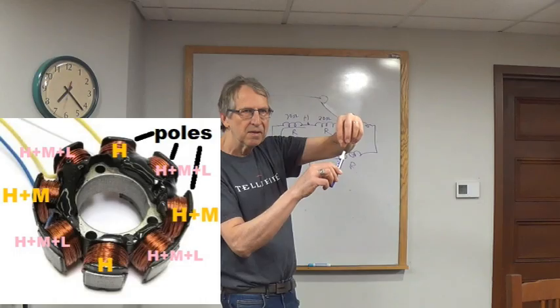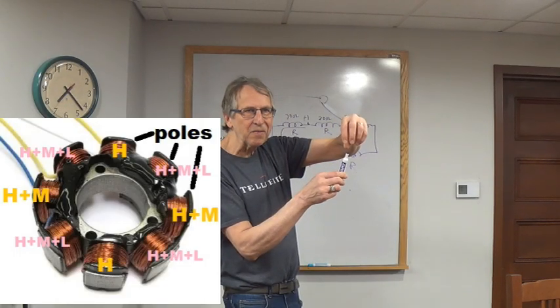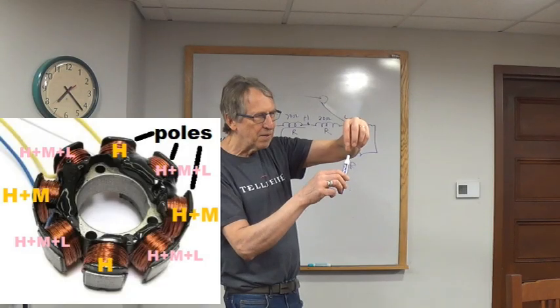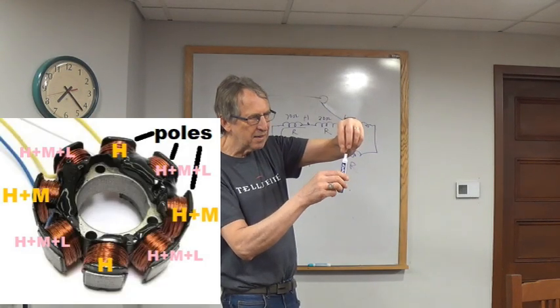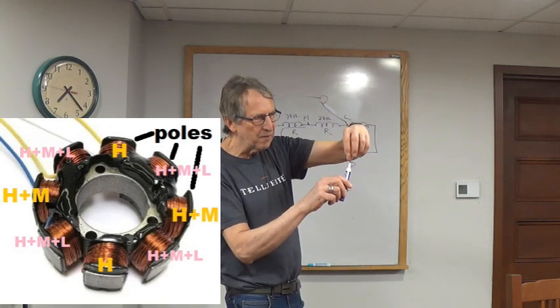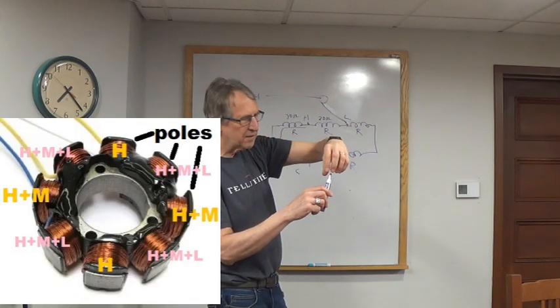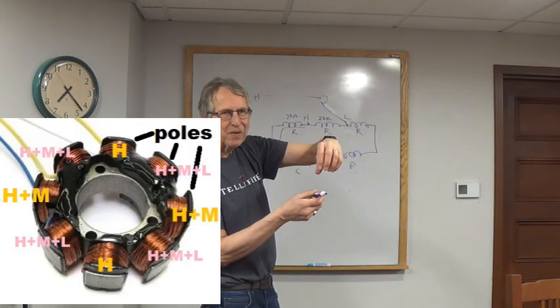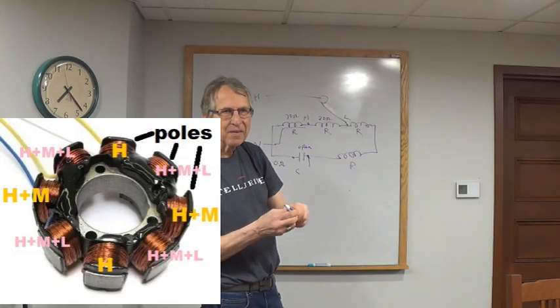Say they're both south, so it tries to get away, but then stops at the next one, which is north. If you only have two, like at the top and the bottom, it's going to keep going all the way down here. But if you go to the low setting, it's only going to go a fourth of the way, so it's actually going to turn half the speed. So more poles is more what?